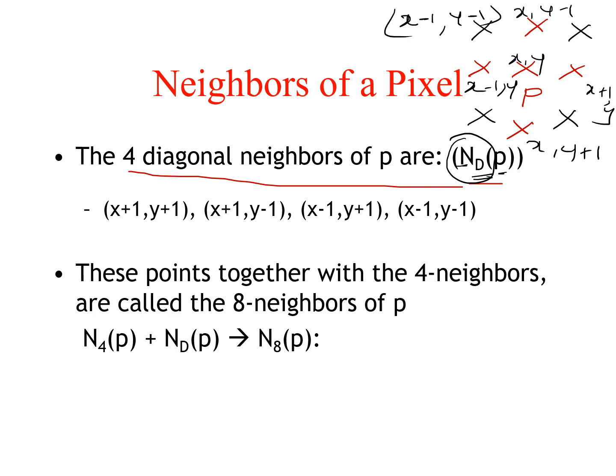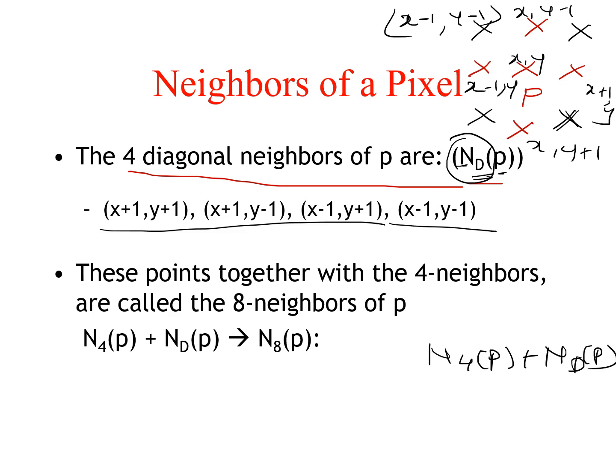Similarly, this will be x plus 1, y plus 1, and so on. So you will get these four diagonal neighbors. Now if I add N4(P) plus ND(P), what should I get? 4 plus 4, 8. So it is represented by N8(P). So any given pixel will always have 8 neighbors: 4 diagonal, 2 vertical and 2 horizontal.